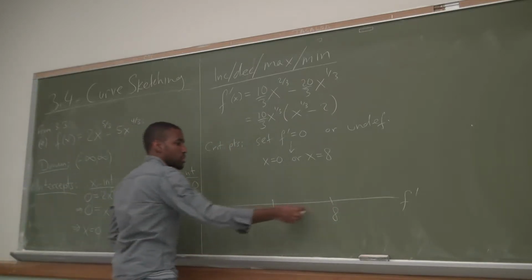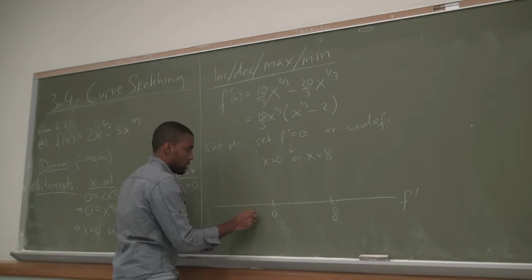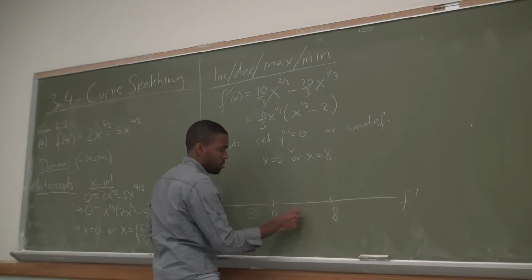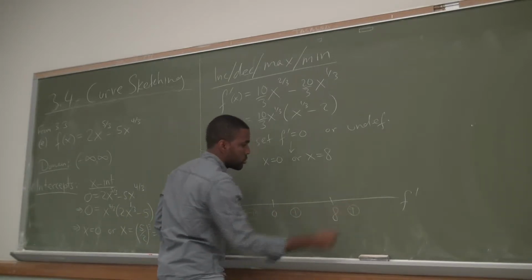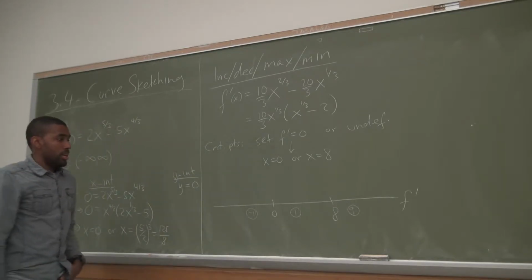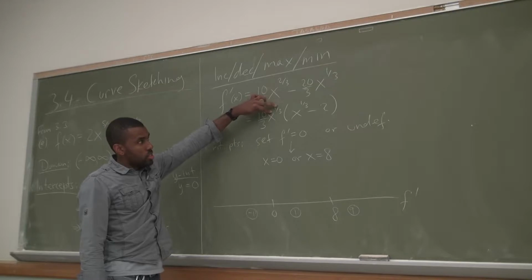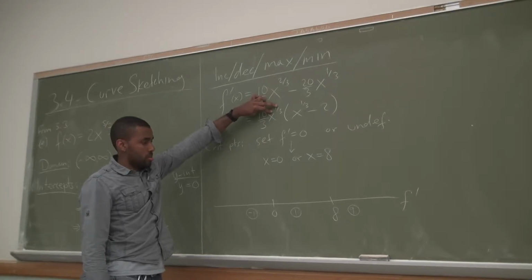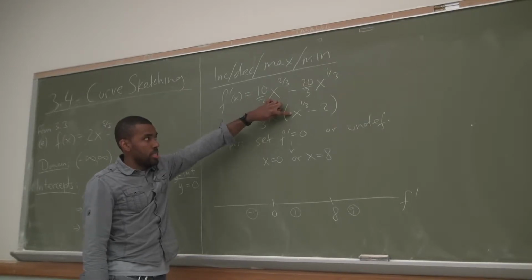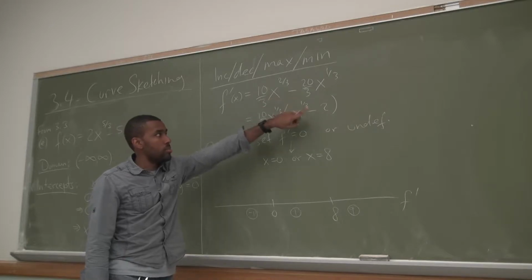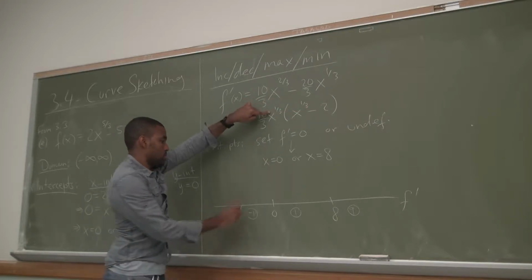You plug in random numbers. So you go over here, like negative 1, positive 1 will work here, 9 will work there. Now if you take a negative number to the cube root, you get a negative number. The cube root of negative 1 is negative 1, so it's negative times a negative, which is positive.